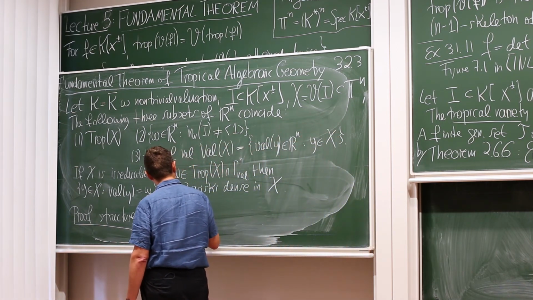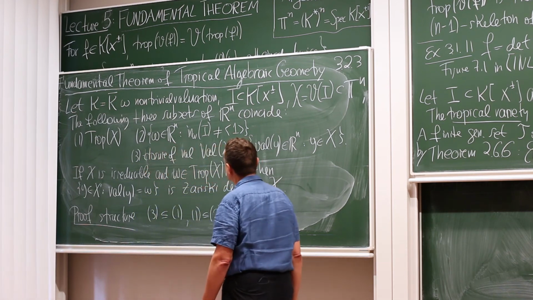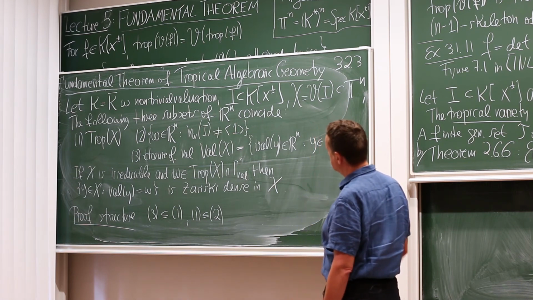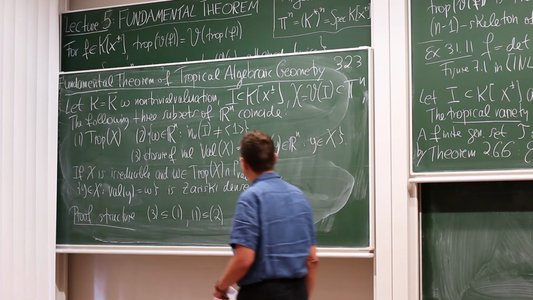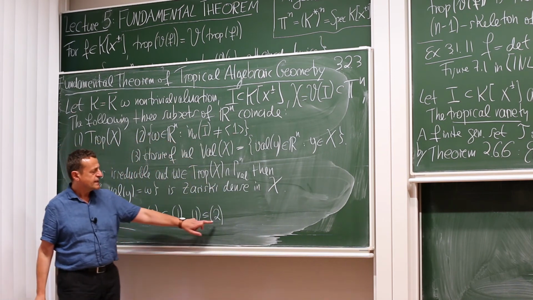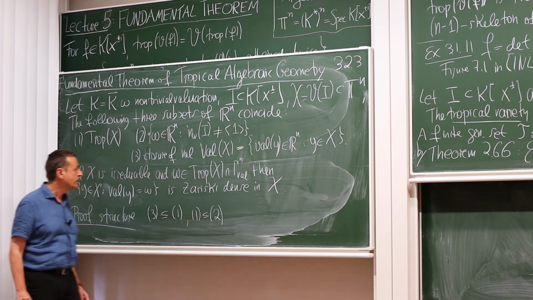Now also 1 contained in 2 is not too bad. It's easier maybe to think about the contrapositive. I say that the complement of 2 is contained in the complement of 1.